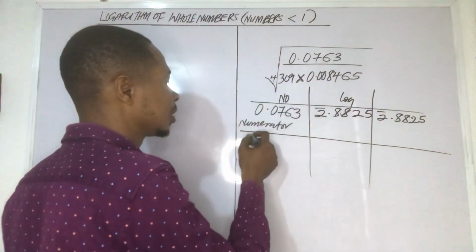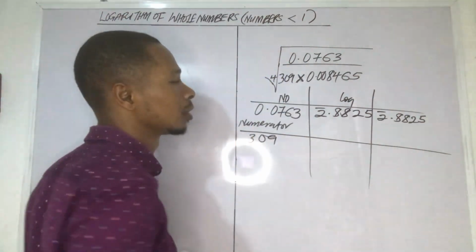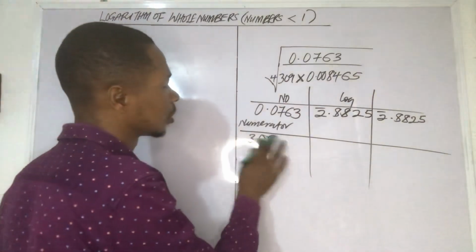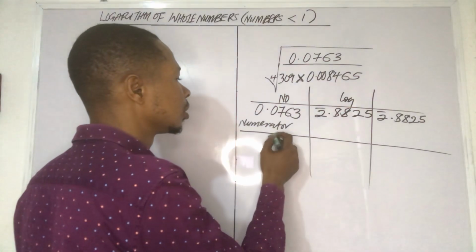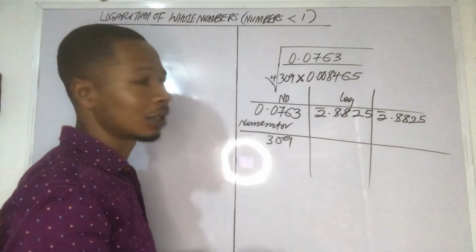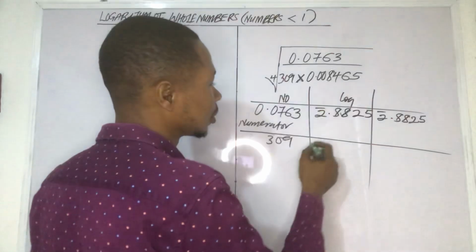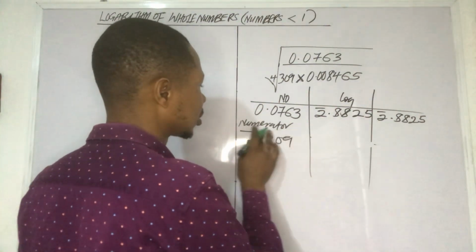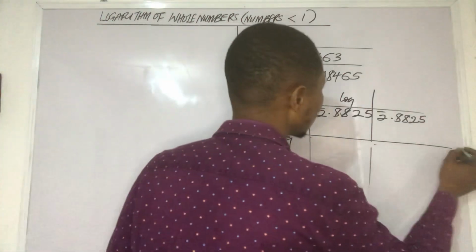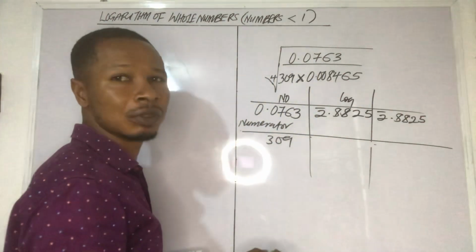Then the next number is 309. The characteristic of this number is equal to 2. Why?